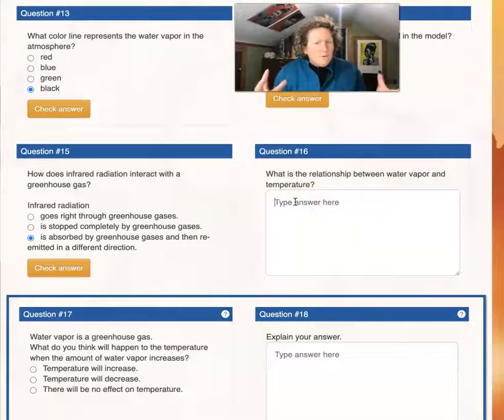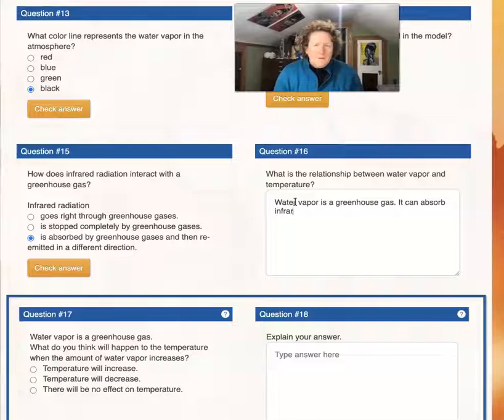Well, we know that water vapor is a greenhouse gas. So like other greenhouse gases, it can absorb infrared radiation and re-emit it towards Earth, heating Earth.